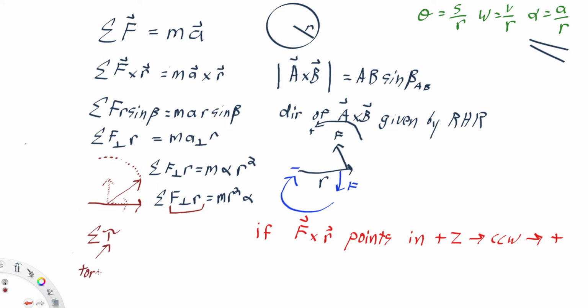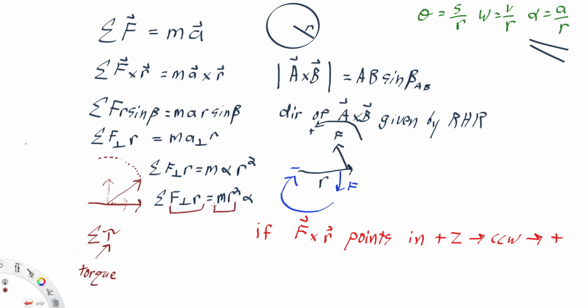Right, so last week we did some analysis with momentum, and the quantity mass times velocity just kind of popped out of our analysis, and we renamed it momentum. So in that spirit, this quantity F, perpendicular force times R, that pops out, we're going to rename that torque.